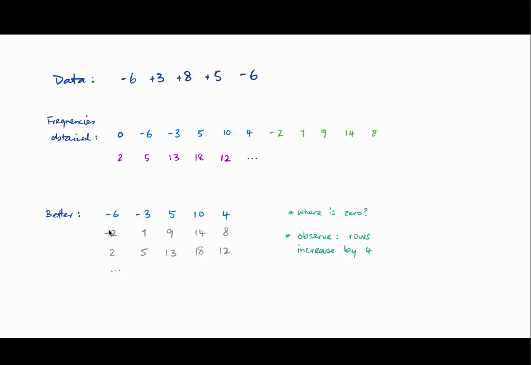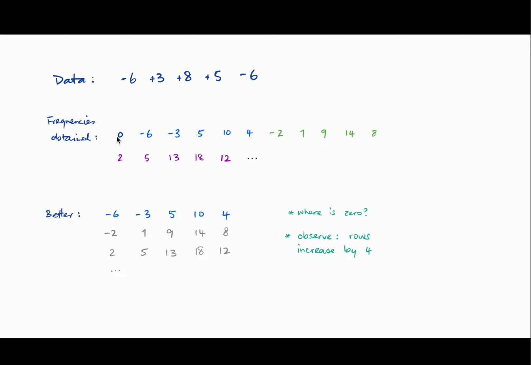So here's our original plus scan, and then as you keep generating more and more frequencies, put them in these columns, right? And there's an observation to make that the rows here increase by 4 because the first frequency is 0. Now where's 0? I'm leaving it out because it doesn't fit my shape very nicely.